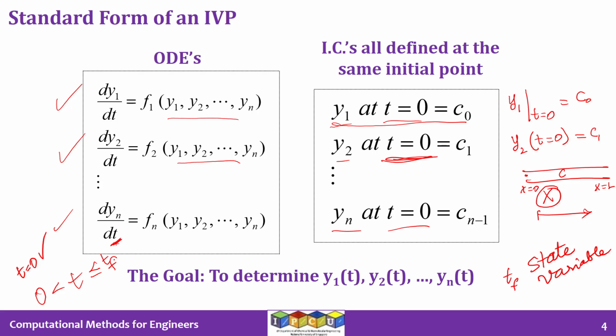We would like to know the state of the system until the final time tf. We know the conditions at t is equal to 0. Therefore, I'm not putting it as 0 less than or equal to t, right? Because we know everything at t is equal to 0. So we have to go from 0 plus, right? So I'm going to just leave it as 0 less than t less than or equal to tf. So this will be the goal in what we are going to do.